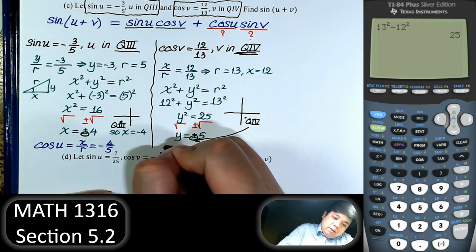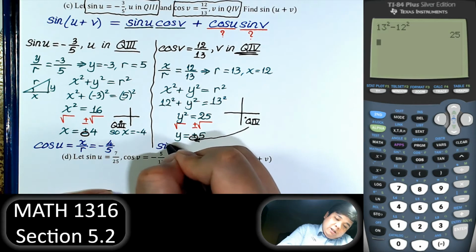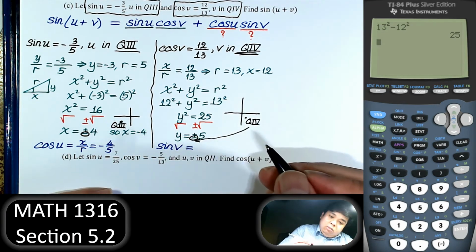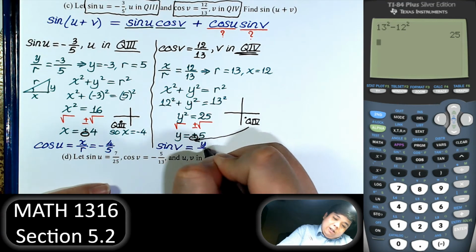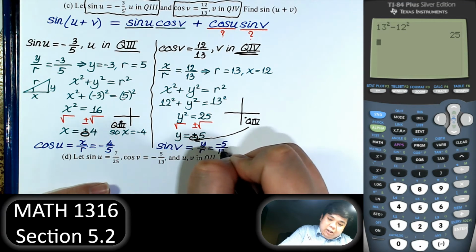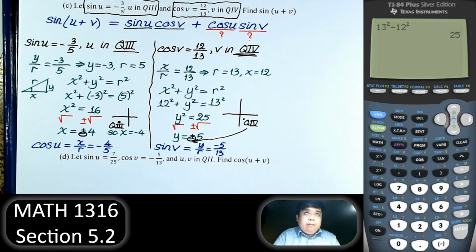So we need to find sine v, right? Sine is y over r, so negative 5 over 13. That's what we have.